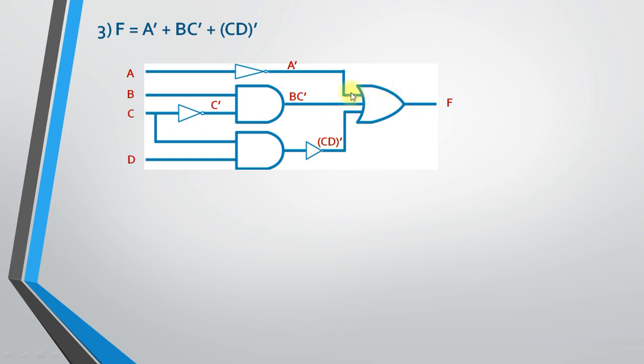And these 3 input lines go inside OR gate. That means there are 3 expressions. Number 1 A dash, number 2 BC dash, number 3 CD whole dash. And finally F is generated.